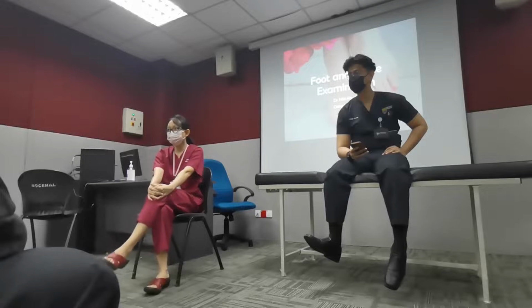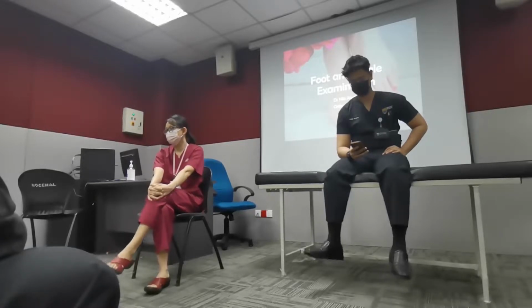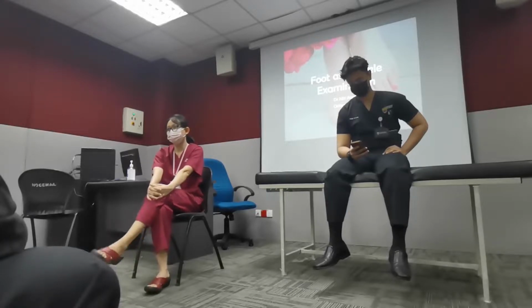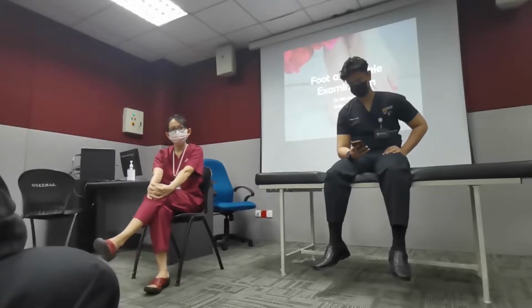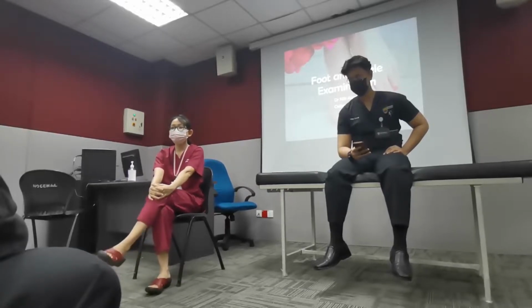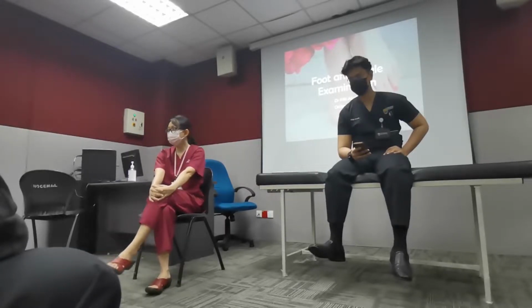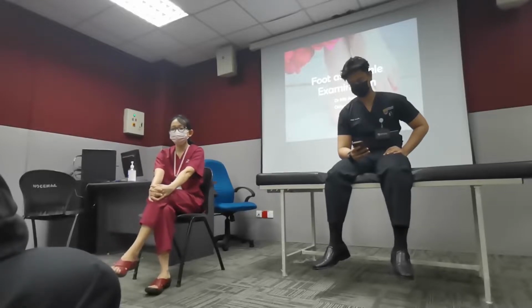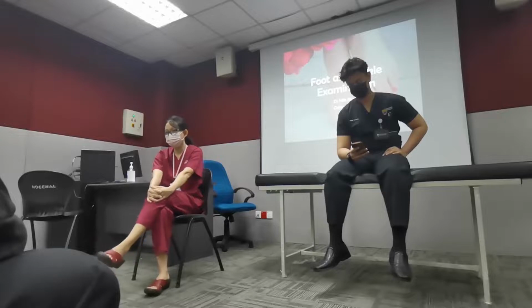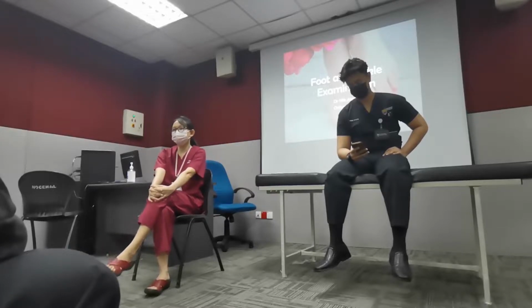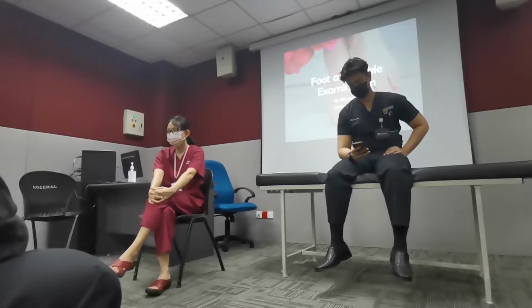Swelling. Yes, which will also cause difficulty to wear normal shoes. So swelling can be a local swelling, or it can be an edema, generalized swelling of the whole foot. Anything else? Numbness. So some nerve symptoms can happen in the upper limb, and can also happen in the lower limb, whether you have any nerve entrapment, like your carpal tunnel. The lower limb version of the carpal tunnel is the tarsal tunnel.